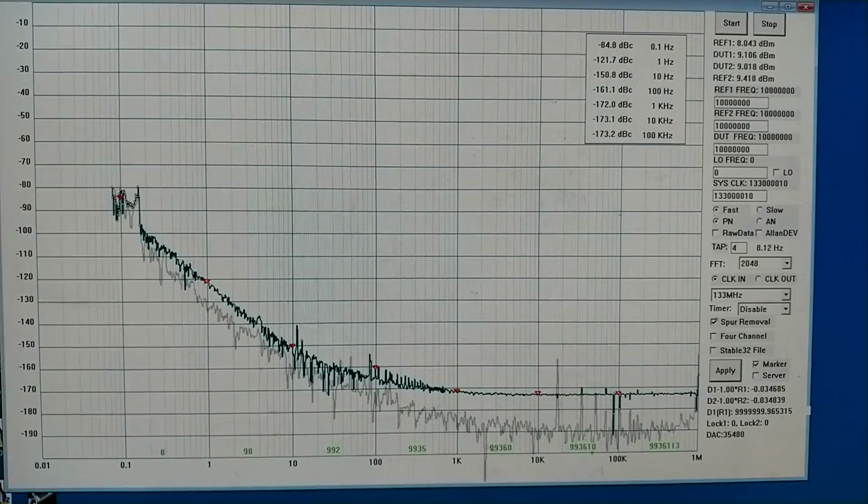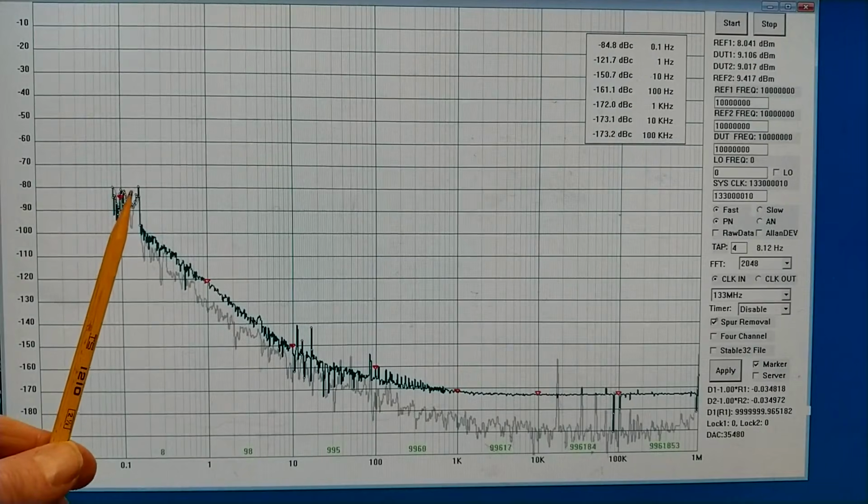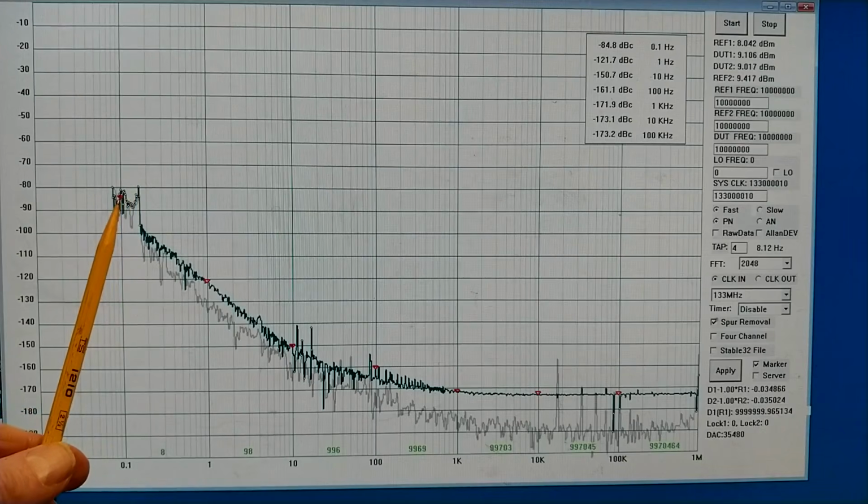Here is the performance as an oscillator. The frequency is now 0.03 Hz from the Wenzel oscillator. When I started measurement, it was at 0.18 approximately, and it has drifted since then. And now it is here.